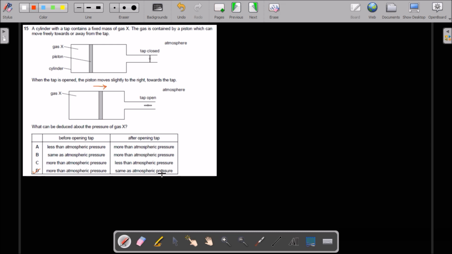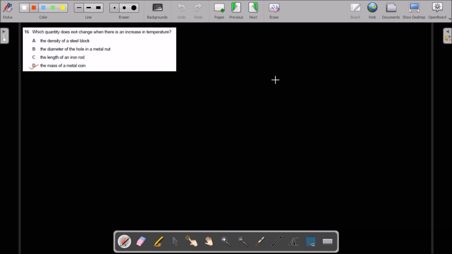That's why D is right. Question 16. Which quantity doesn't change when there is an increase in temperature? We know that when temperature increases, density, diameter, length, they increase. Only mass of metal coin doesn't increase because mass doesn't depend on temperature.